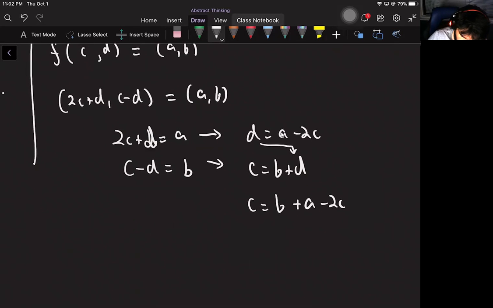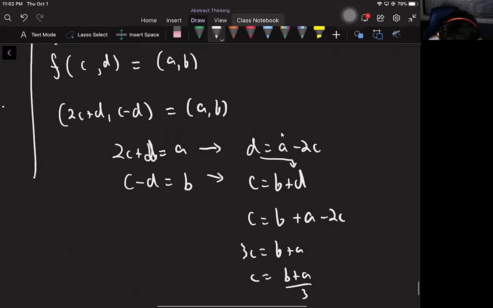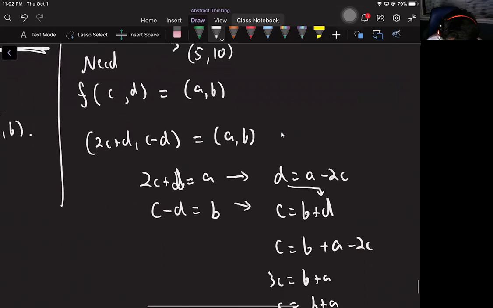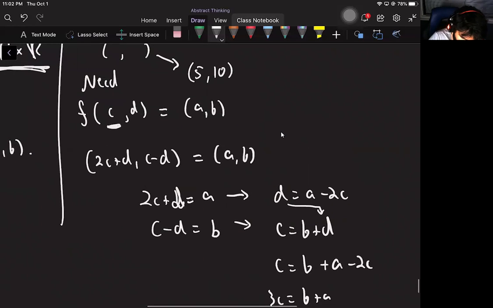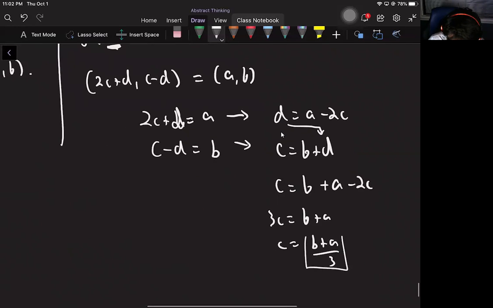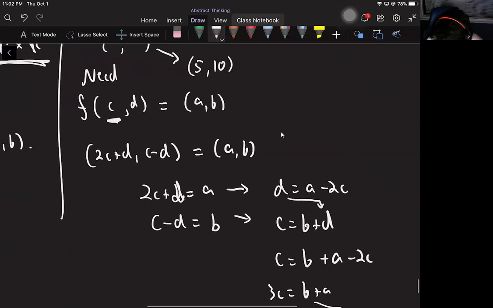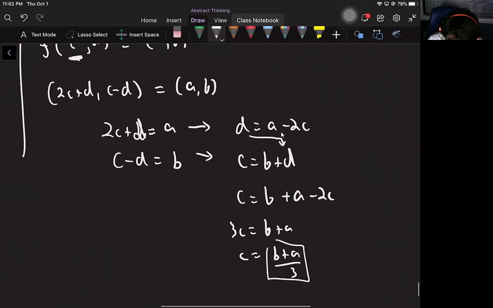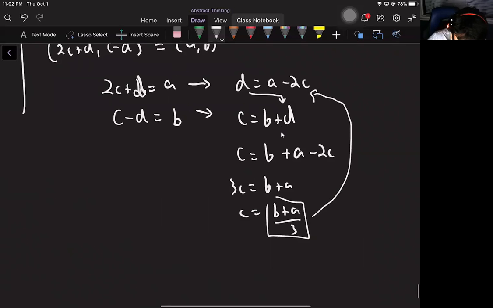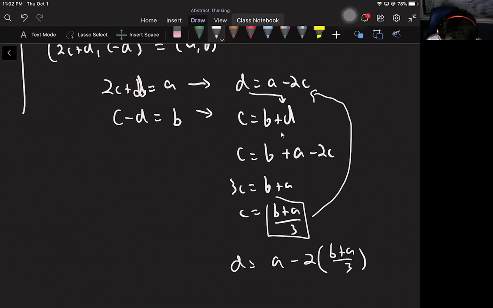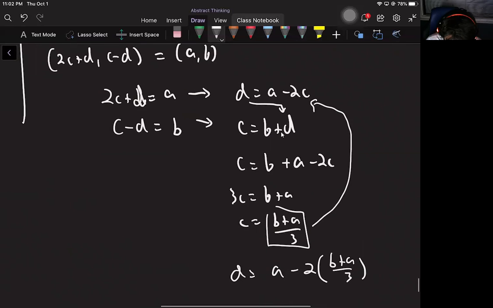So then I add the 2c over. What this is saying is, if I want a comma b to pop out, then what I need to plug into the first coordinate to make that happen is (b plus a) over 3. And then I can plug that back in to get d. So this will make a and b pop out if I plug this in for c and d.